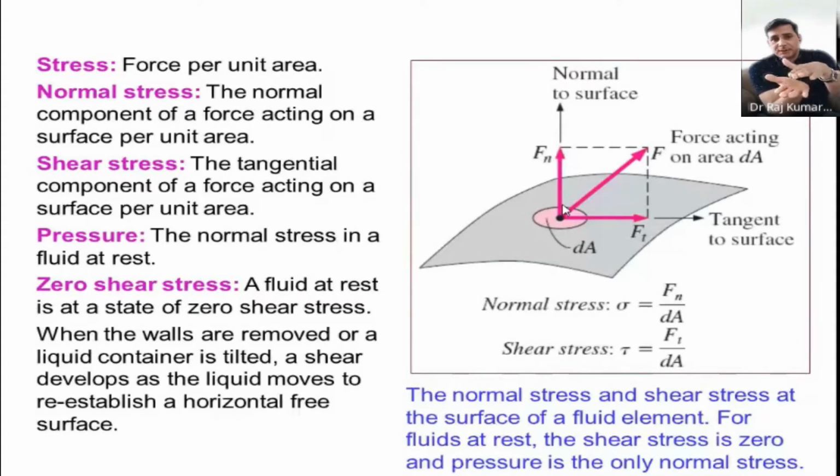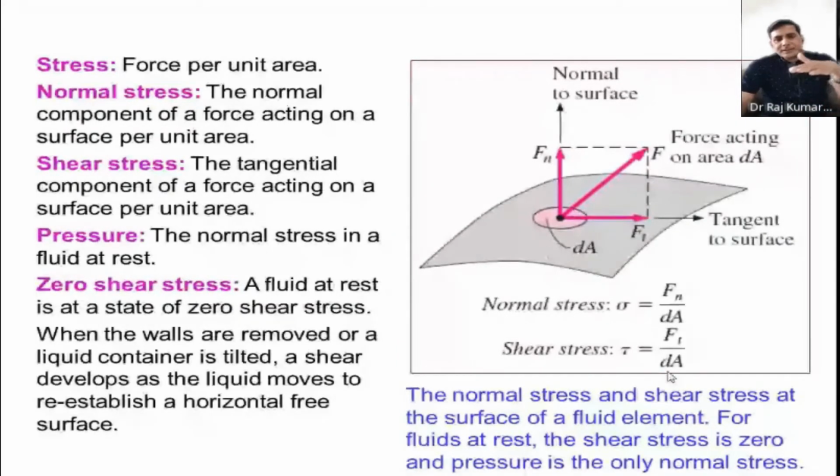So you have to see where your point of contact is. That is treated as the area, not the entire surface. Then shear stress means the tangential force divided by the area on which this force is acting, again dA.